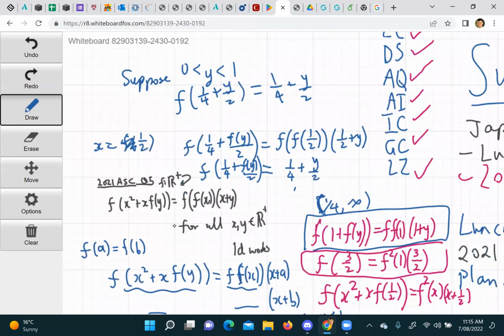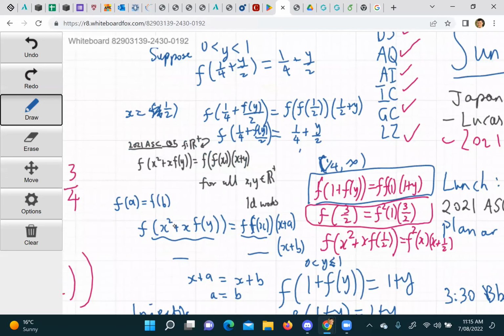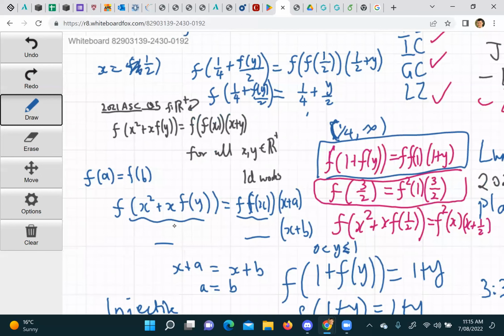So if you think like that, then it's not obviously going to be injective on the first step, but it looks like it is. So injective, simultaneous equation, moving up the intervals. Nice.